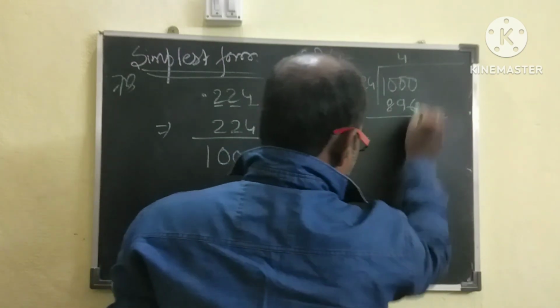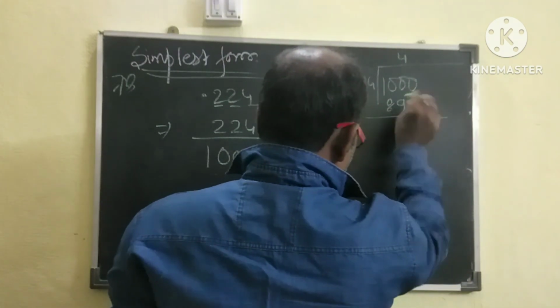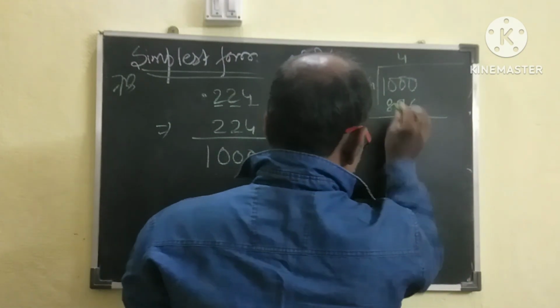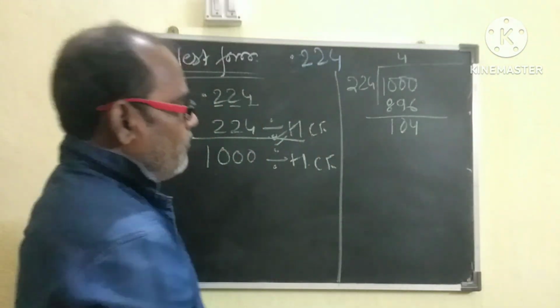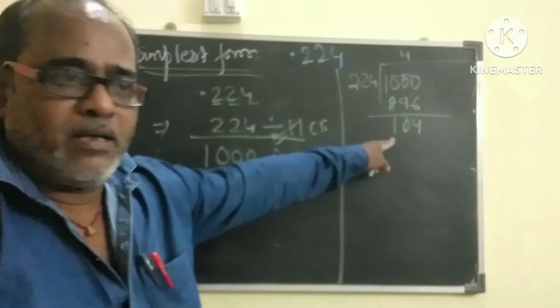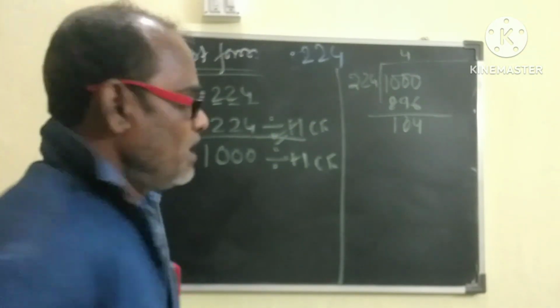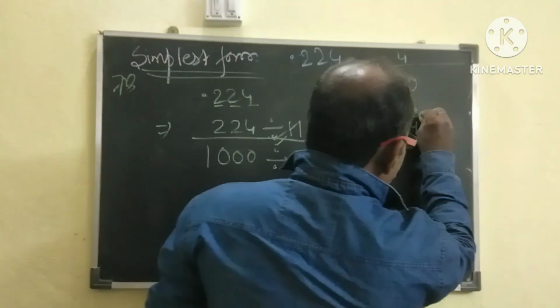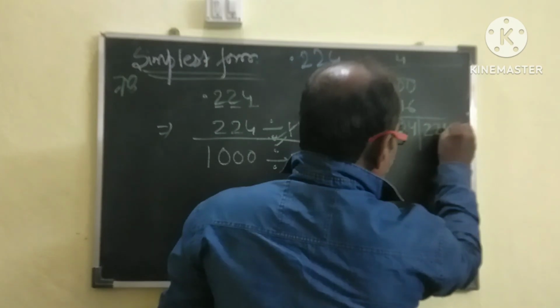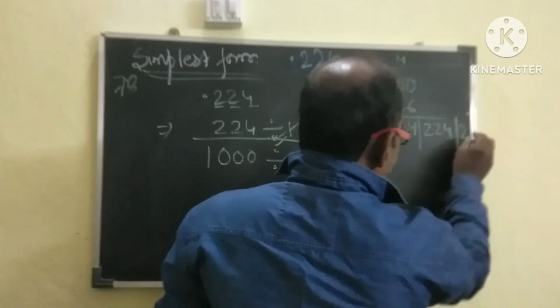If you subtract, we get 104 as remainder. Until we get remainder 0, we have to go on doing division. Now with 104 we will divide 224. It goes 2 times.